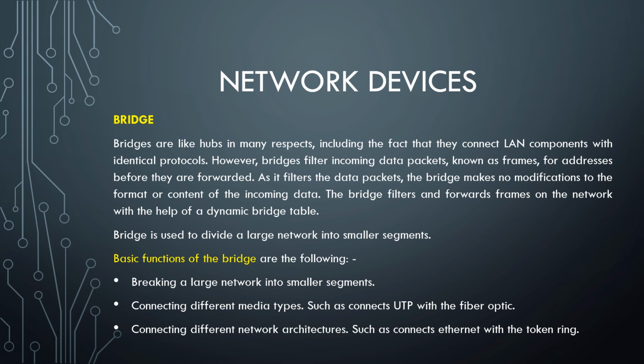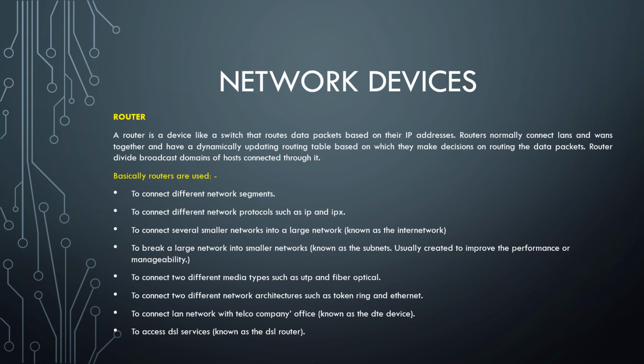Okay, then next we have routers. Routers, or routing devices, basically work like this: when we want to send any information from source to destination, there are many paths in between. So we place routers in between, and they find the best path from source to destination.